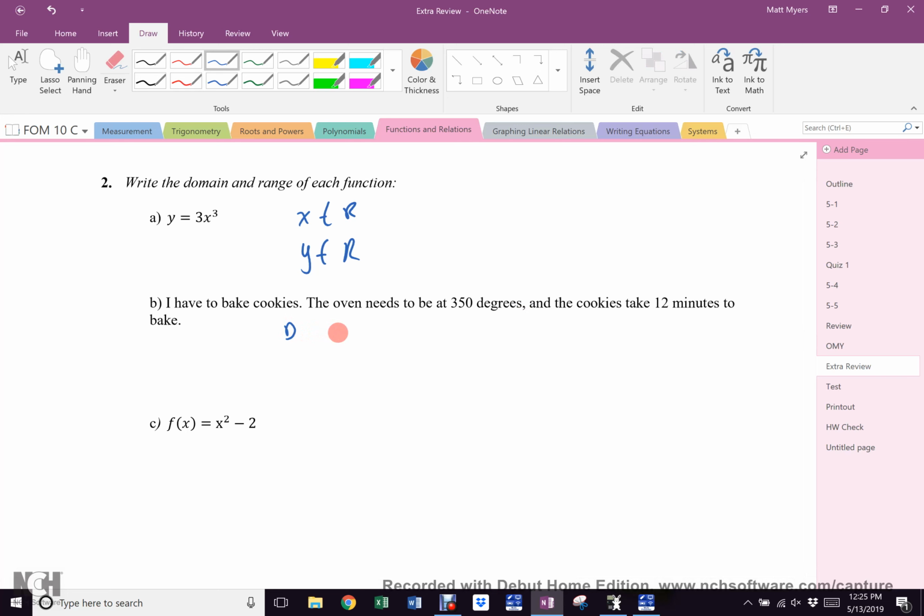Okay, so what's the lowest amount of time? 0. What's the highest amount of time? 12. Could I write that another way? 0 less than or equal to time less than or equal to 12. What's the domain or the range?